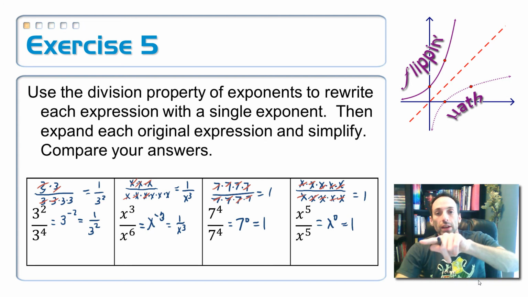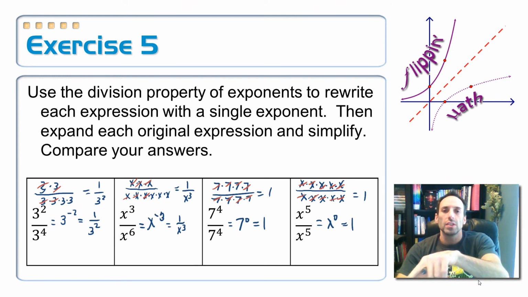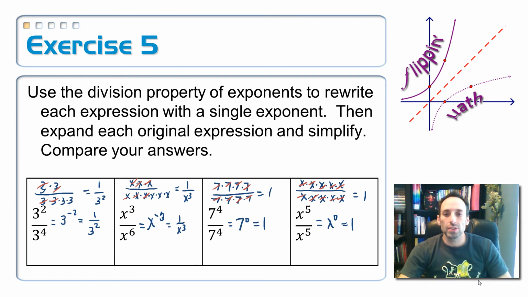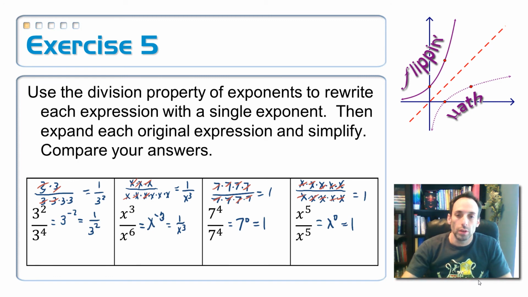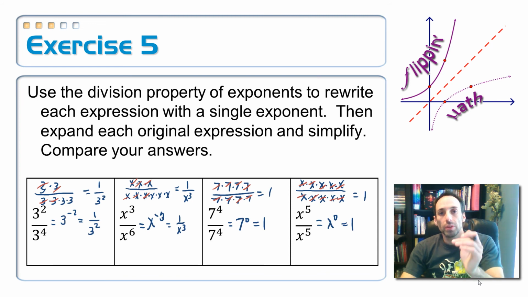If you were to expand out the top, 4 factors of 7, same thing on the bottom, everything cancels out. And again, whenever you cancel these things out, you basically get 7 divided by 7 is 1. That's why something raised to the 0 power is equal to 1. And the same thing happens with the variables on the last one. I get x to the 0 power. When I cancel these things out, it's the same thing as 1.